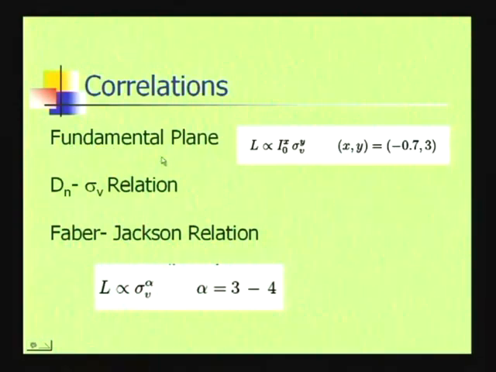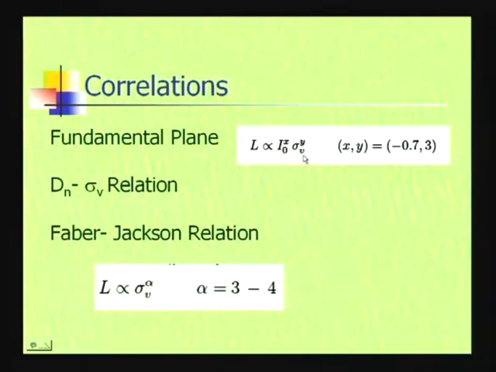Why is it called the fundamental plane? Because you have a 3-dimensional space now, L, I naught and sigma v. In this 3-dimensional space, the galaxies are all found to lie in a plane, in a 2-dimensional surface, which is given by this.